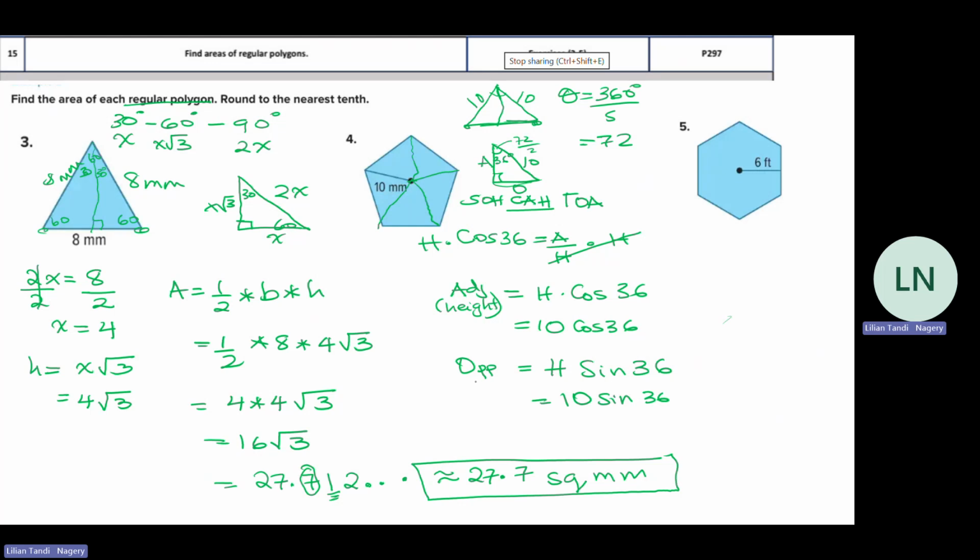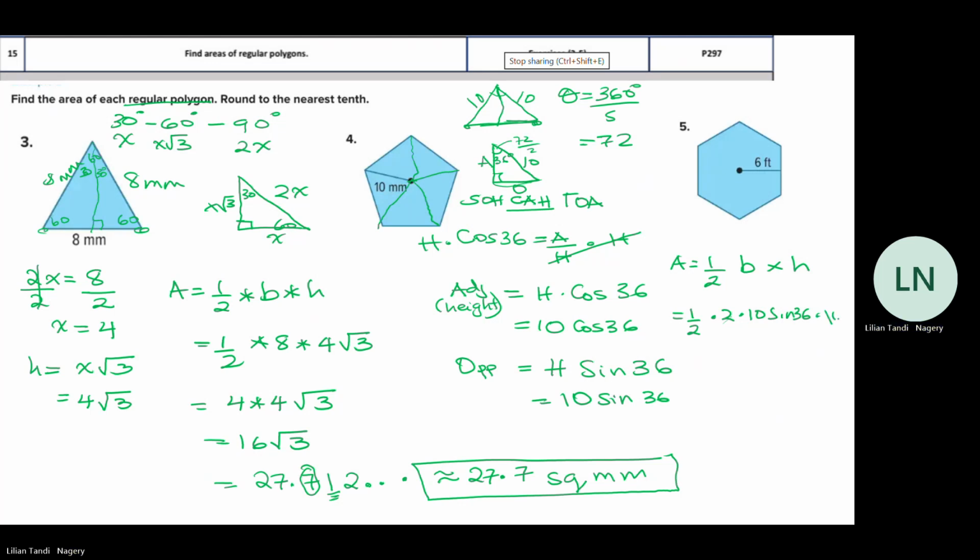Now you want to find the area of your triangle. Remember, this is just half, so you have to multiply this by 2. So area equals half times base times height. Your base is 2 of this, so 2 times 10 sine 36, and your height is 10 cos 36.